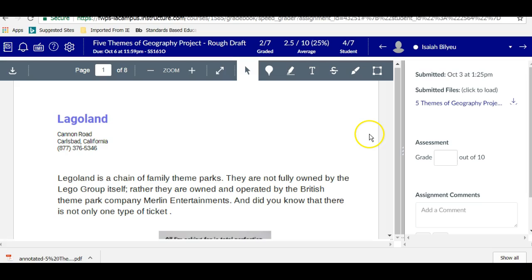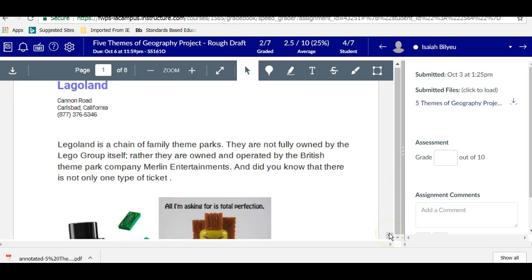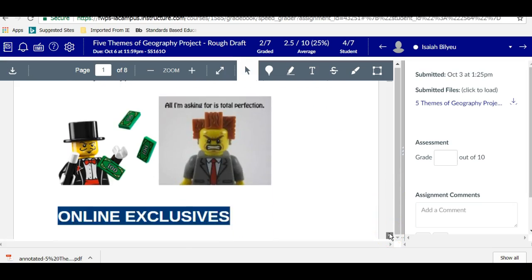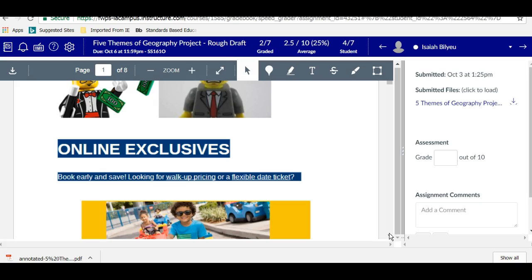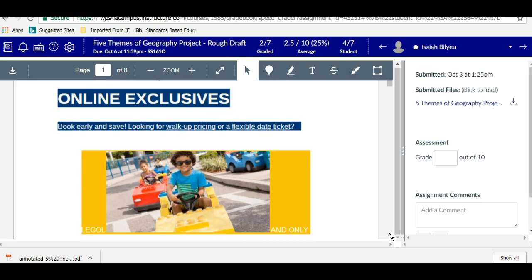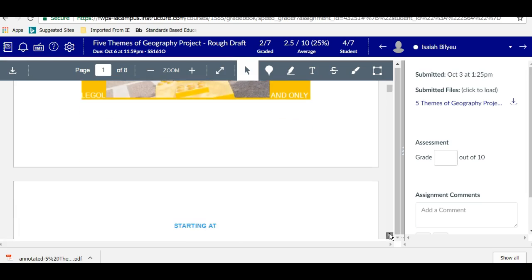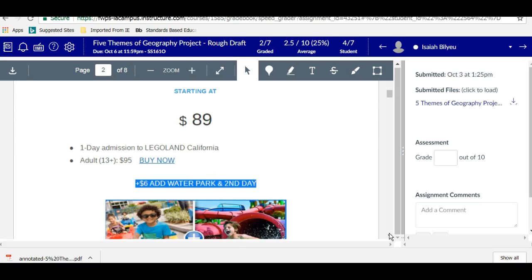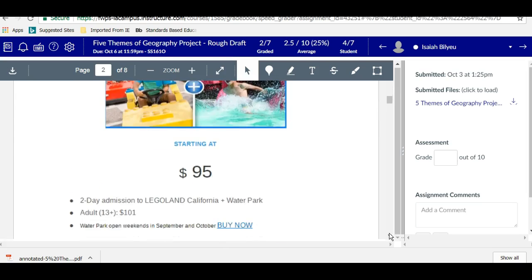So doing it in Word is totally fine. Now, the first thing that my eye goes to is this. It is supposed to say Legoland, but you put an A here instead of an E, okay? And then as I scroll down, I see some photos. I see some advertisement about how much it'll cost and what people can do when they go to Legoland.